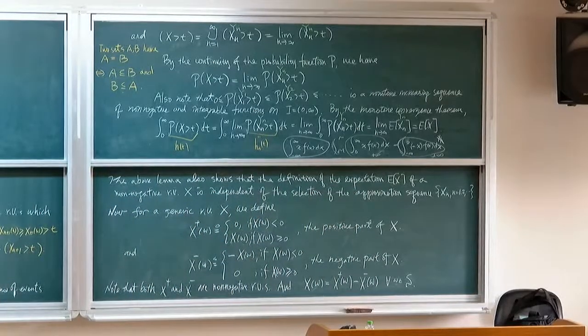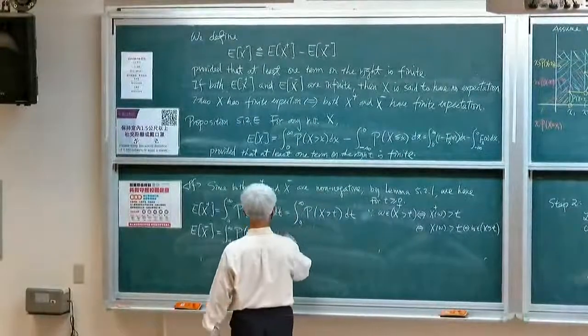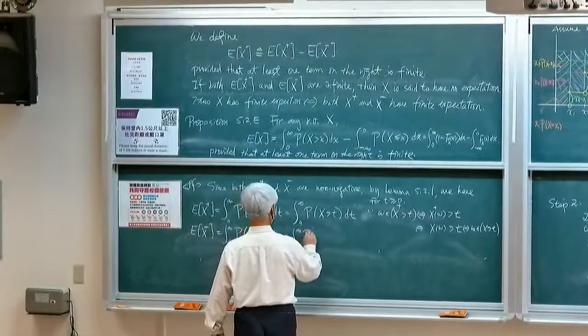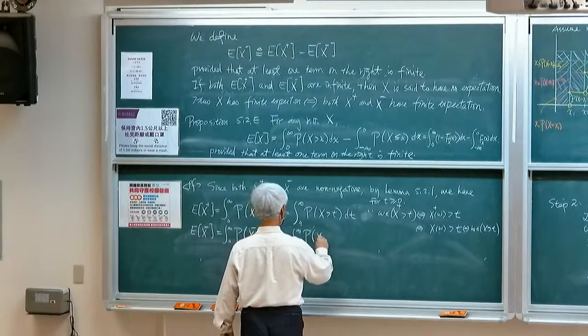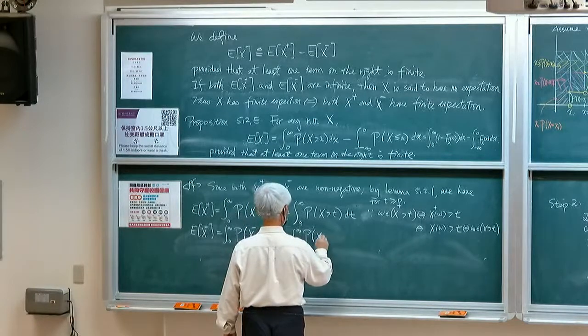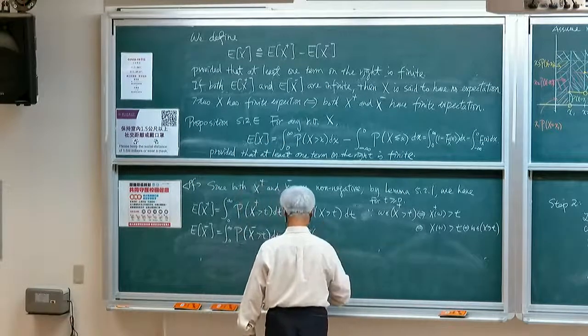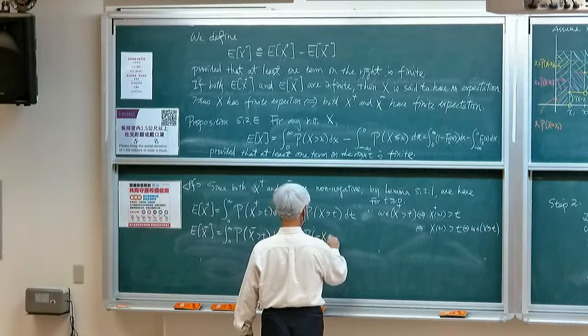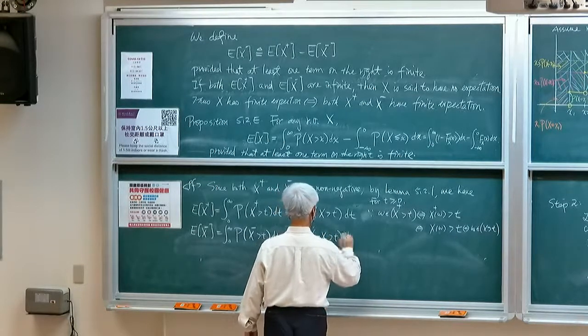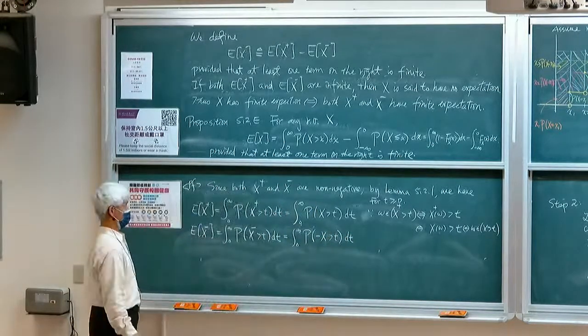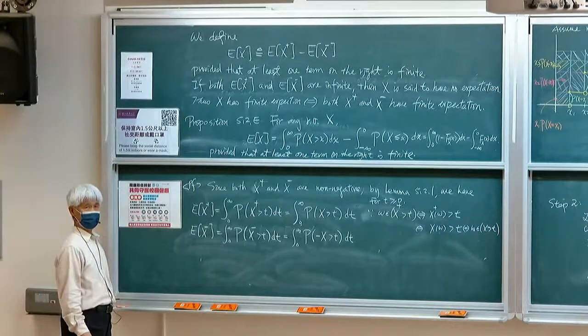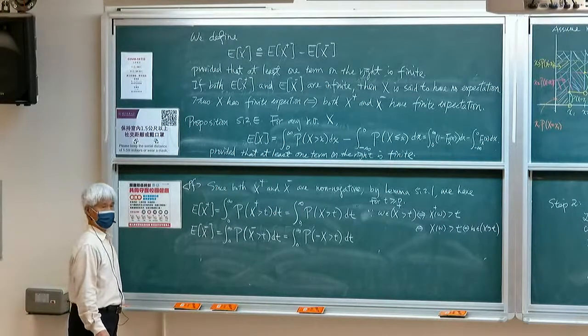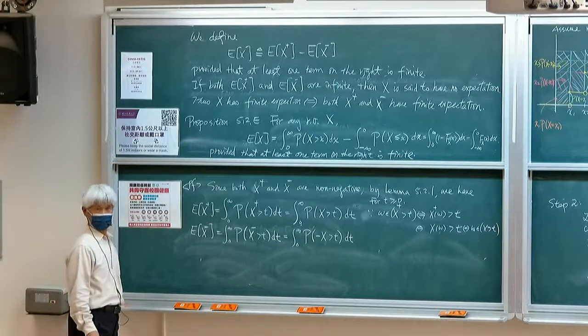So this is the probability of minus X greater than t dt.